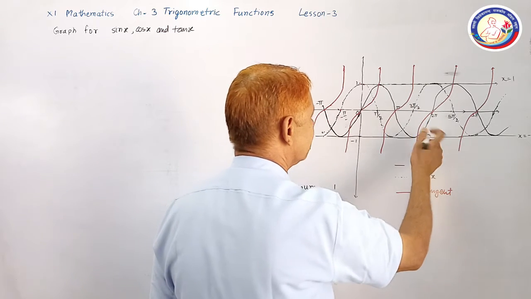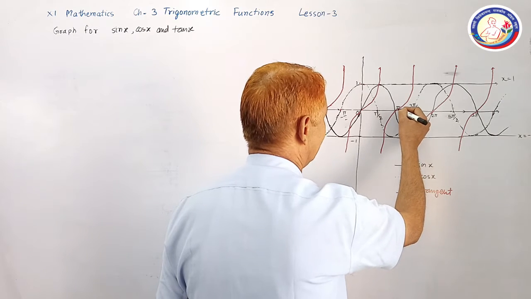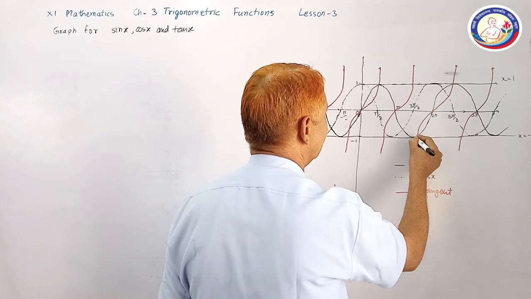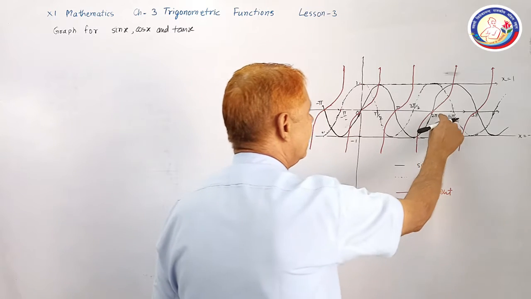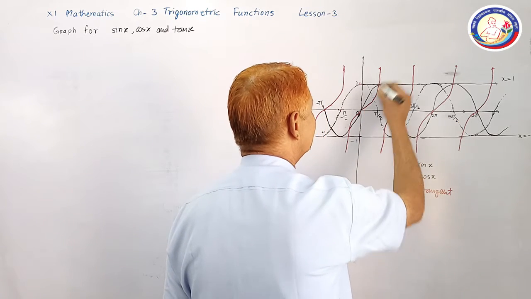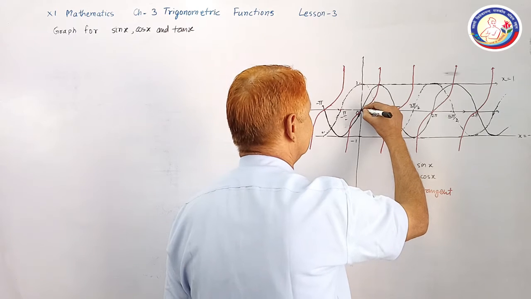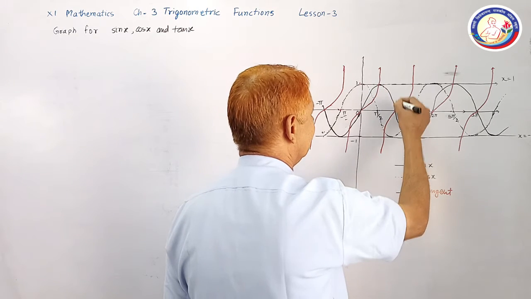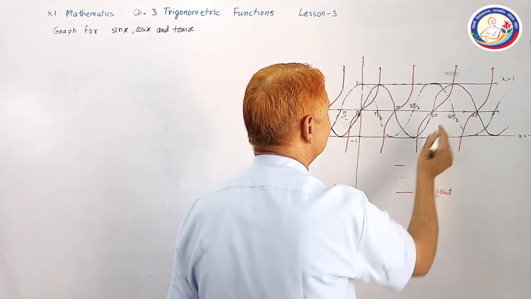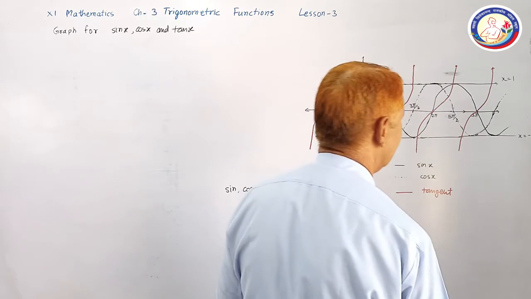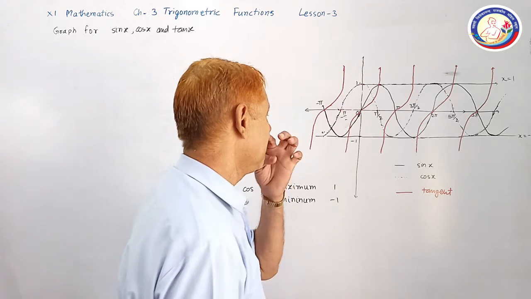Then it again decreases for the values pi to 3 pi by 2 and becomes minimum here. Then again 0. This is a complete cycle: 0 to 1, 1 to 0, 0 to -1, and -1 to 0. And this will repeat after an interval of 2 pi.